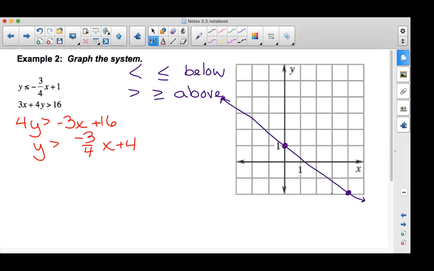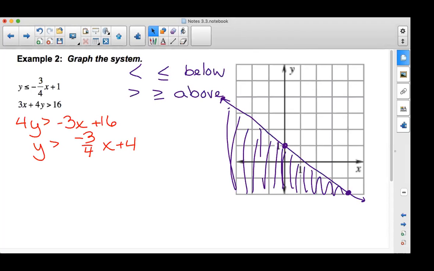So again, go to a point, less than means below. So I'm going below every point on the line because my y value should be less than my expression negative 3x plus 1.